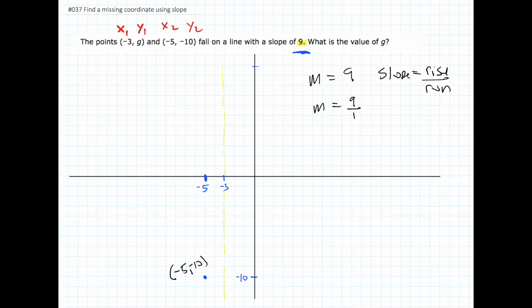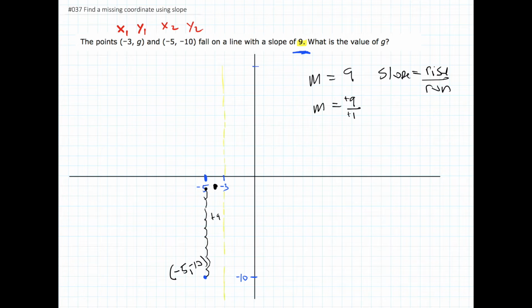And I'm going to rise, I'm going to go up from here, 9. So 1, 2, 3, 4, 5, 6, 7, 8, 9. Right there. So that's plus 9. And then my run is plus 1. Right, so 9 over 1.